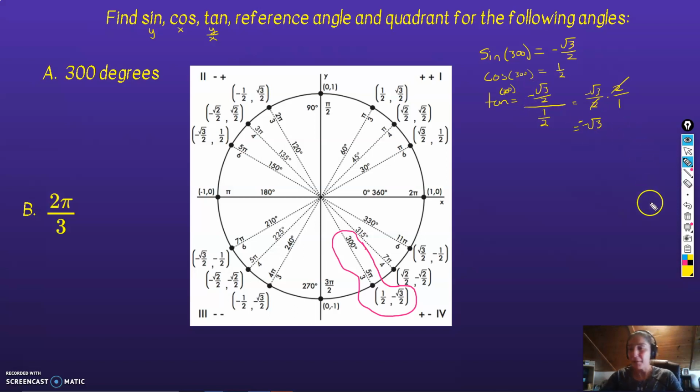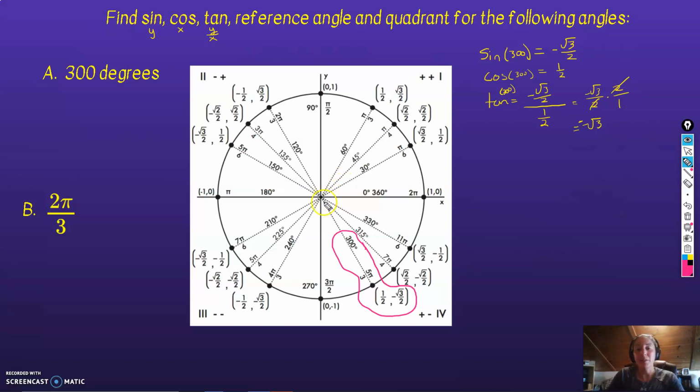Okay, what is this reference angle thing? Well, suppose this quarter slice of the unit circle, we can break it into pieces: this one is the 30-degree angle, this one here is the 45-degree angle, and this one here is the 60-degree angle. That's what the reference angle is.